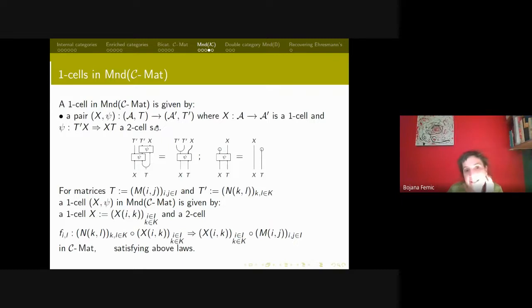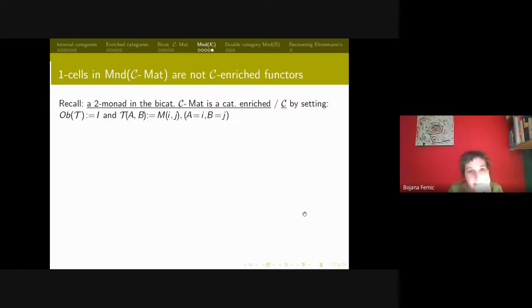Here we can identify in these diagrams the T's with the M's and so on. But now, if we want to recover C-enriched functors, let us recall the recipe to obtain first a C-enriched category, and then a C-enriched functor. A monad in the bicategory of C-matrices was a category enriched over C by setting the set I as the objects of the enriched category tau.